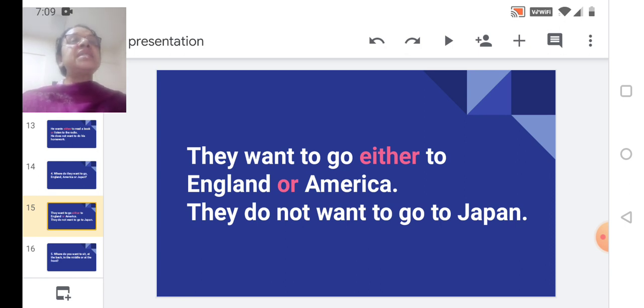In the first sentence, they have chosen England or America. The next sentence, in the next line, they do not want to go to Japan. So, we have written two sentences. First one, they want to go either to England or America. The next one, they do not want to go to Japan.